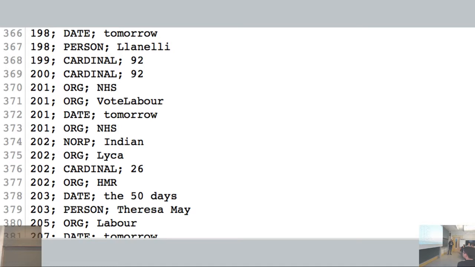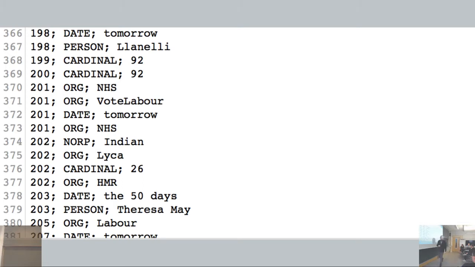I kept some stuff like organizations, people, some of these categories that I thought were sort of politically interesting. And then I created an edge list programmatically saying that if NHS and Both Labour is mentioned in the same tweet, they have a connection. If Theresa May and tomorrow, even if that was in the category I filtered away, are in the same tweet, they have a connection.